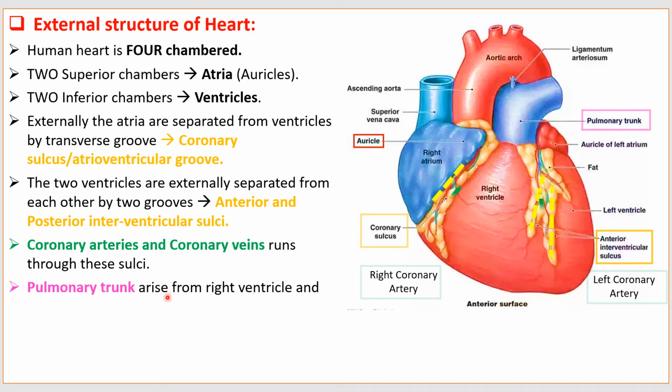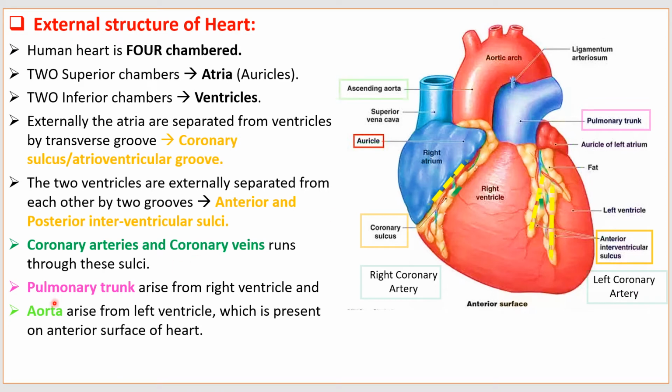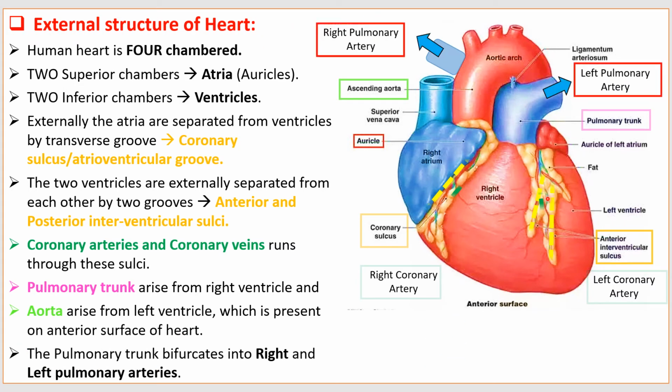The pulmonary trunk arises from the right ventricle. Look here, this is the pulmonary trunk, which arises from the right ventricle, and the aorta arises from the left ventricle, which is present on the anterior surface of the heart.